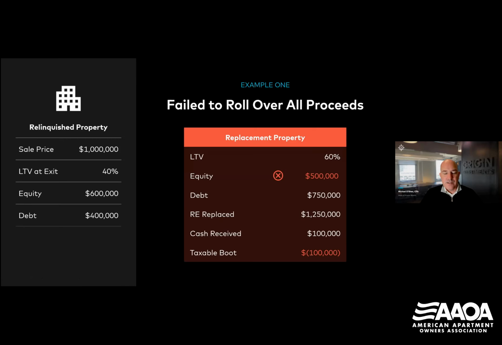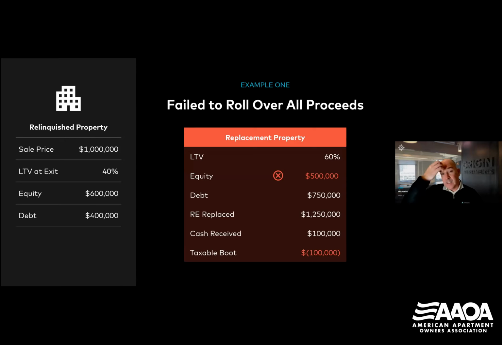On the left-hand side, we've got a really simple example. We sold this property for $1 million. We're 40% loan to value, so we pay off our $400,000 loan, and that leaves us with $600,000 of proceeds. Maybe you found a building in town that's worth $1,250,000, and you know the bank well, and you say, "Hey, I want to buy that building." They say, "Great, we like the building. We'll leverage that at 60%.